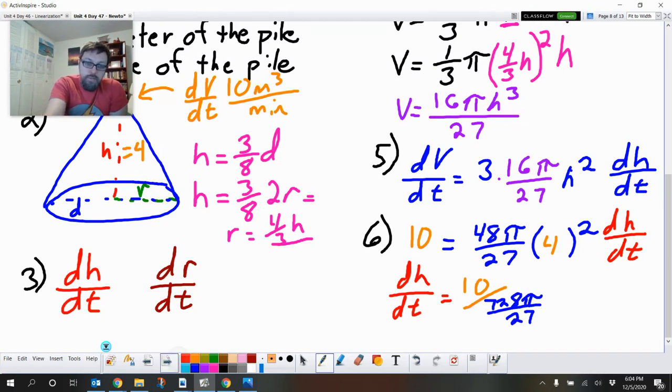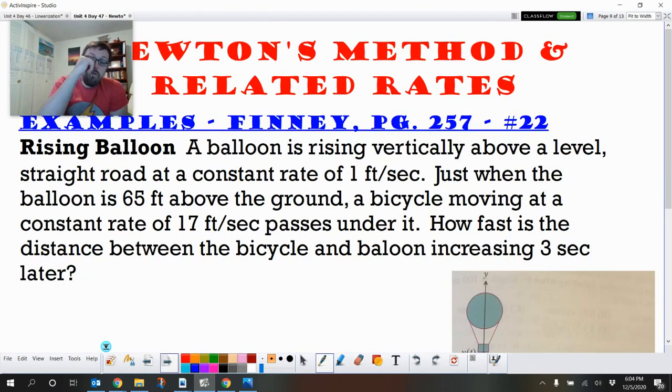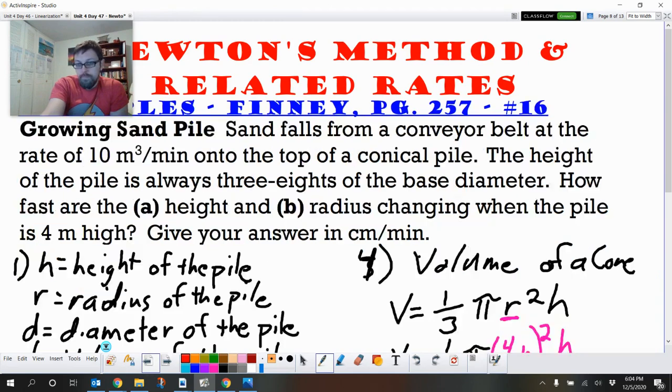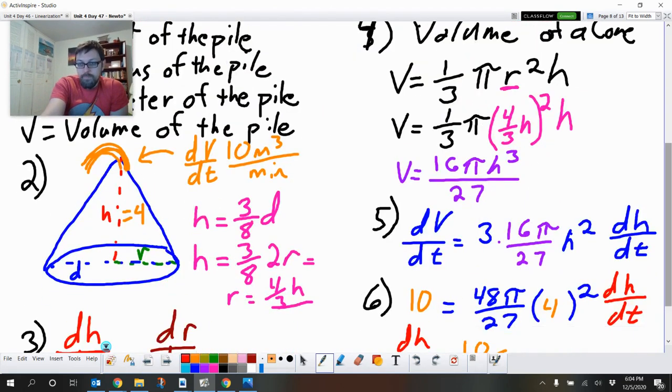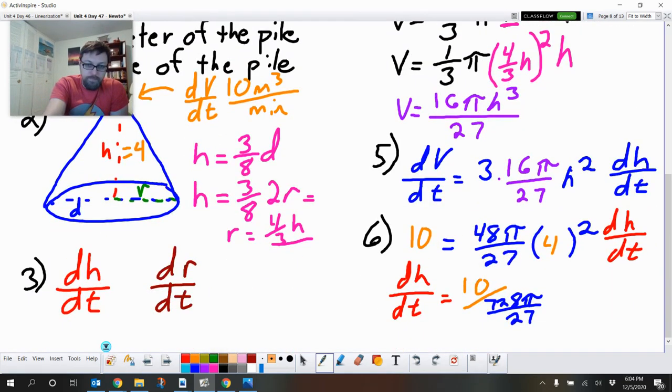And then this ends up equaling 45 over 128 pi meters per minute.